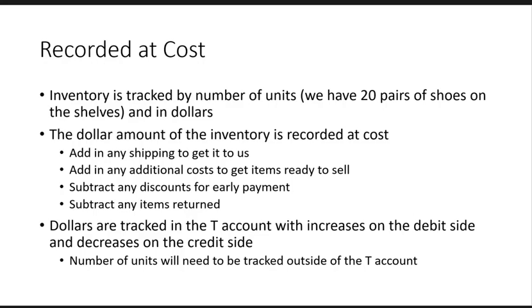And any items we send back to our suppliers because they're defective or they were the wrong color or anything like that would be subtracted, obviously, from the cost and the number of units. The discounts will only be subtracted from the cost, the T account, not from the number of units that we're tracking, because it doesn't change the number of units.